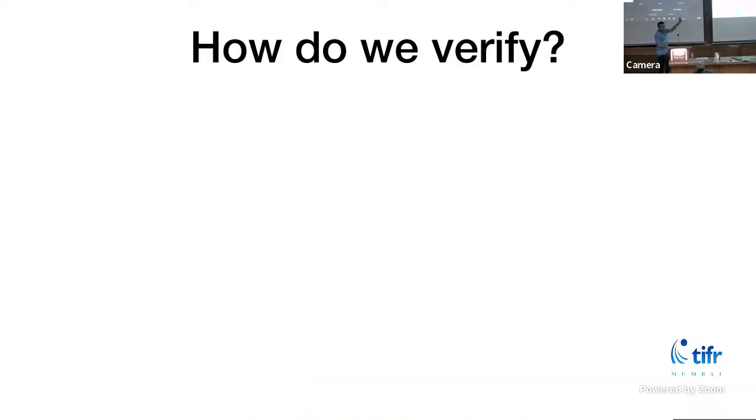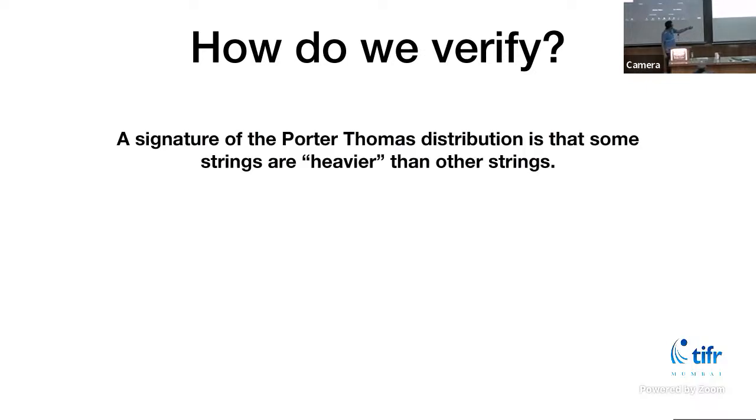Okay, so for the lack of time, let me quickly run through the next few things that I wanted to discuss. The first is verification. How do we verify the fact that some quantum computer sampled from this distribution? Note that a signature of Porter-Thomas is that some strings are slightly heavier than the rest.